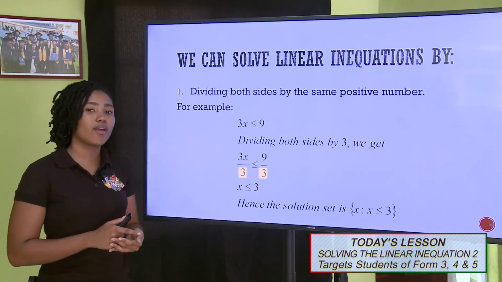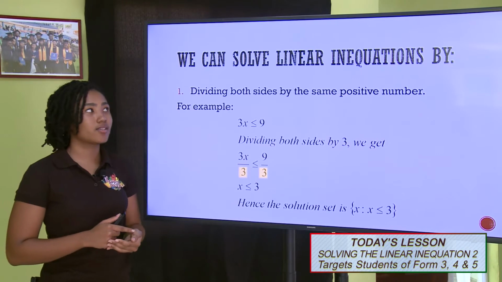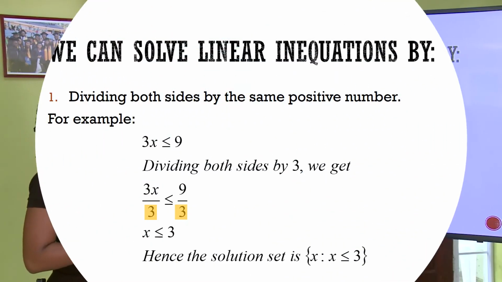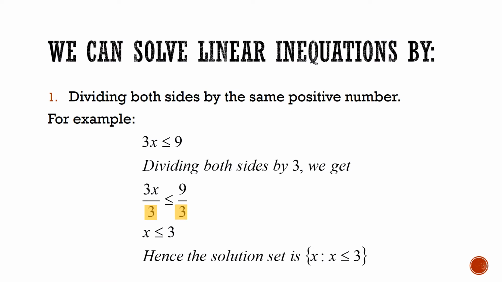Now here's another way we can solve linear inequations. We can solve linear inequations by dividing both sides by the same positive number. For example, we have 3x is less than or equal to 9. Dividing both sides by 3, we get 3x over 3 is less than or equal to 9 over 3.